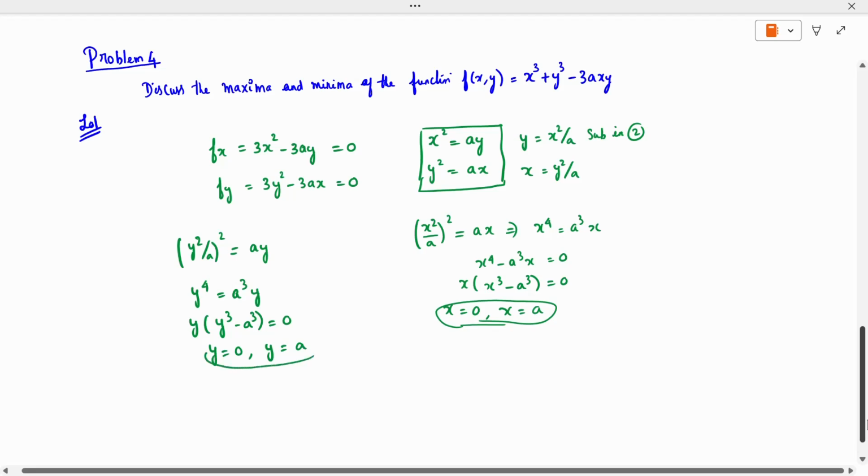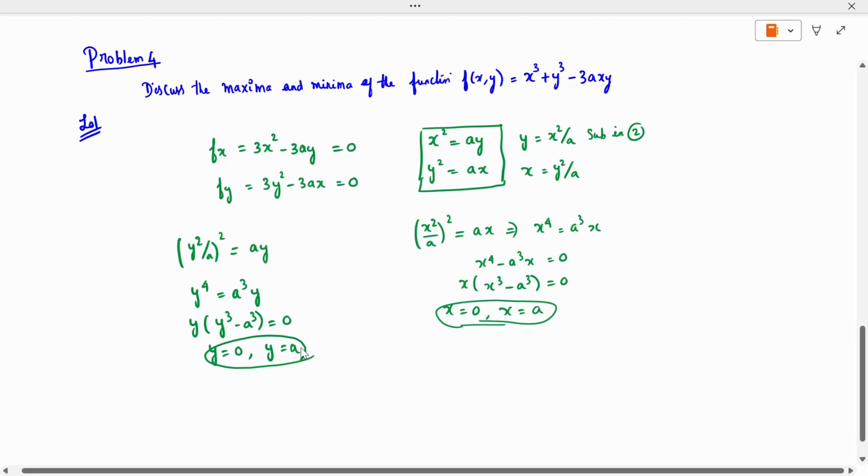I have y equal to 0 and y equal to a. This is a.